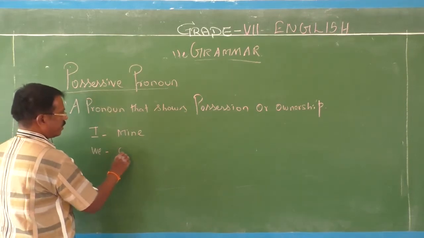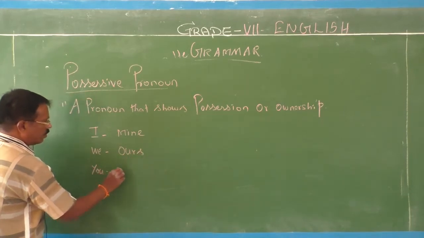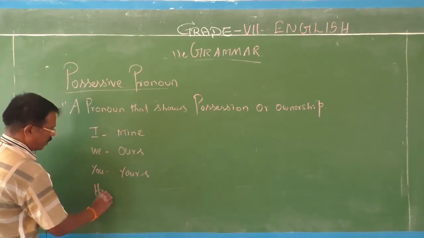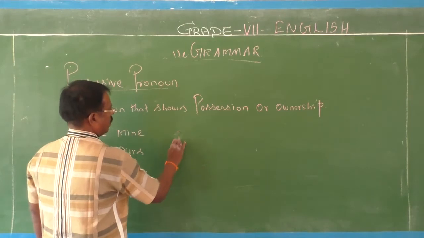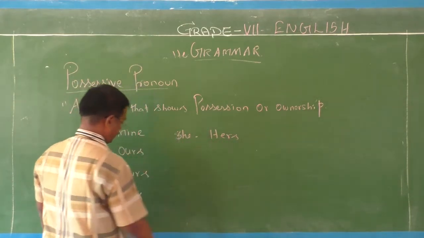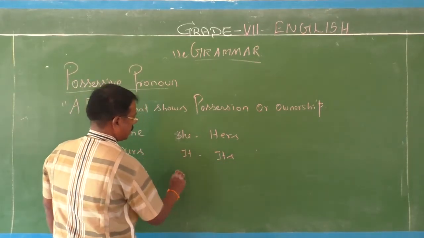For I, possessive pronoun is mine. We, ours. You, yours. He, his. She, hers. It, its.